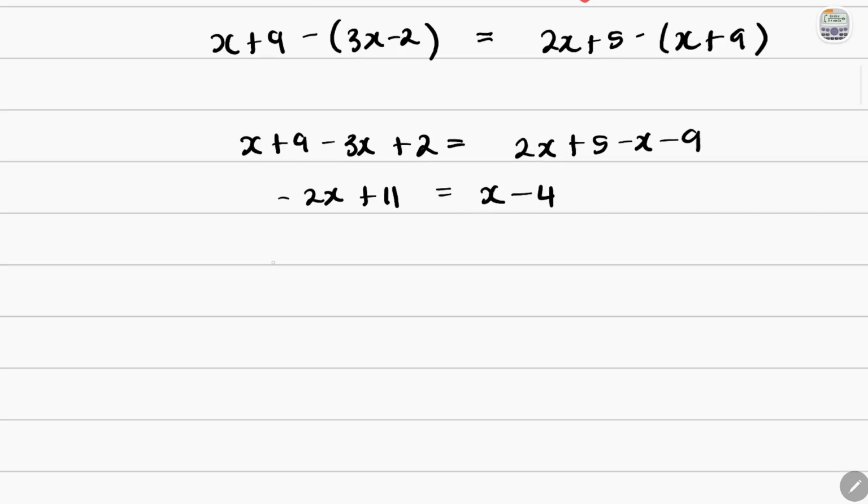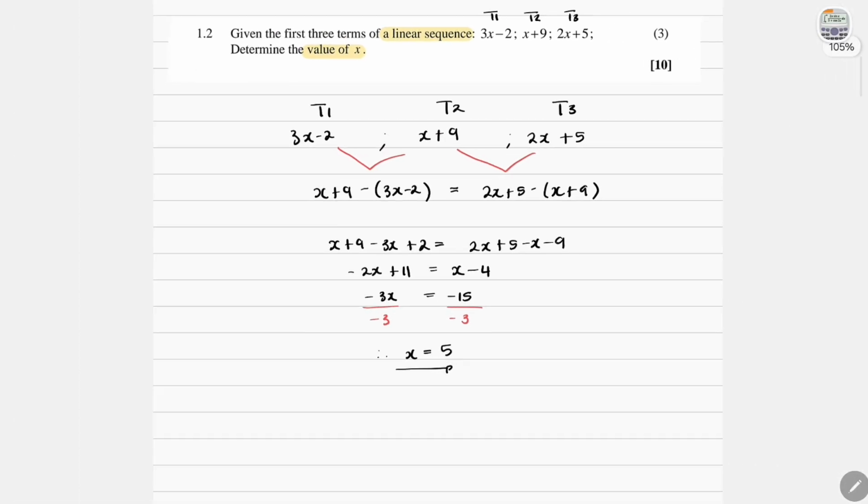So this comes over to become a negative x, so negative 2x minus x is negative 3x is equal to, this is still negative 4 on this side, and then the 11 comes over to become negative, and so we have negative 15. Okay, and then divide both sides of the equation by negative 3 to solve for x, and finally x is equal to 5, and that is our answer.